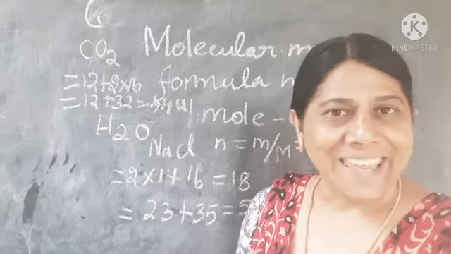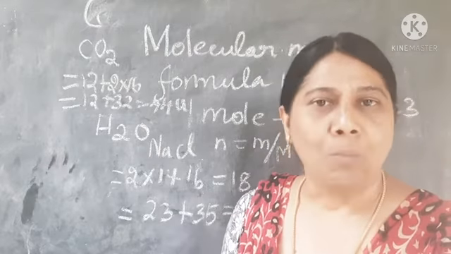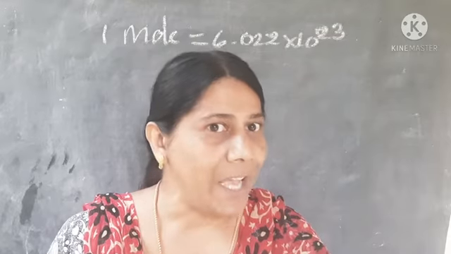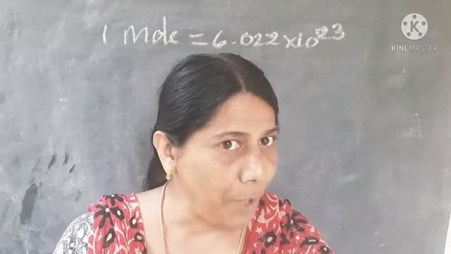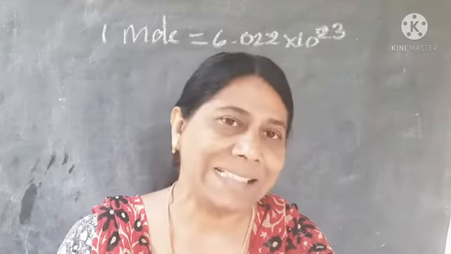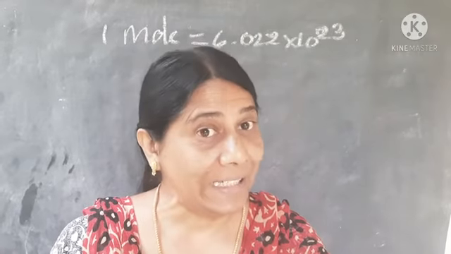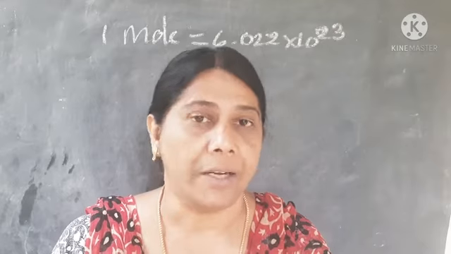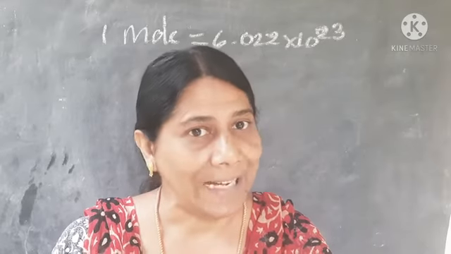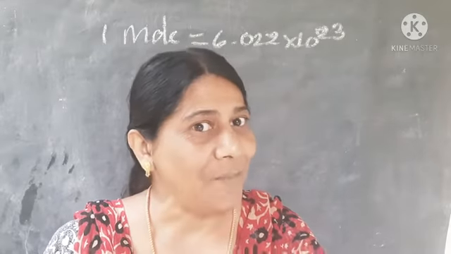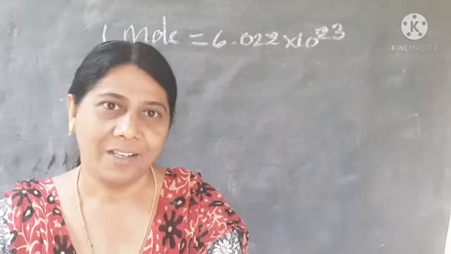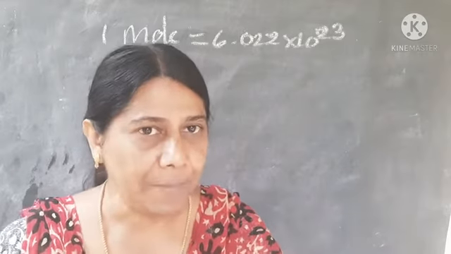Now we shall see what a mole is. The quantity or unit is very important for all the terms. We have seen that the unit for atomic mass is U. And what about the case of atoms?